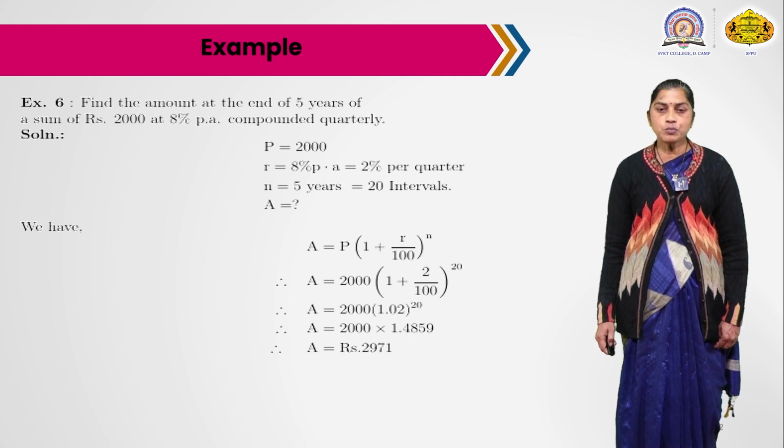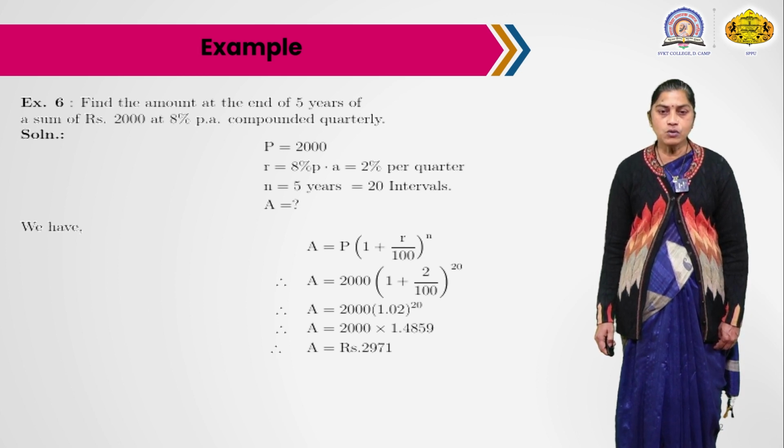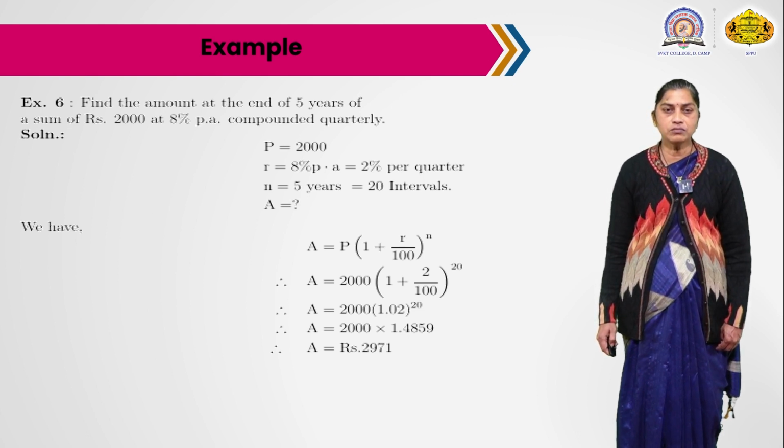The bracket comes to be 1.02 raised to 20, which comes to be 1.4859, and now multiplied by 2000. So the amount comes to be 2,971 rupees. Therefore, in this case the amount is 2,971 rupees.